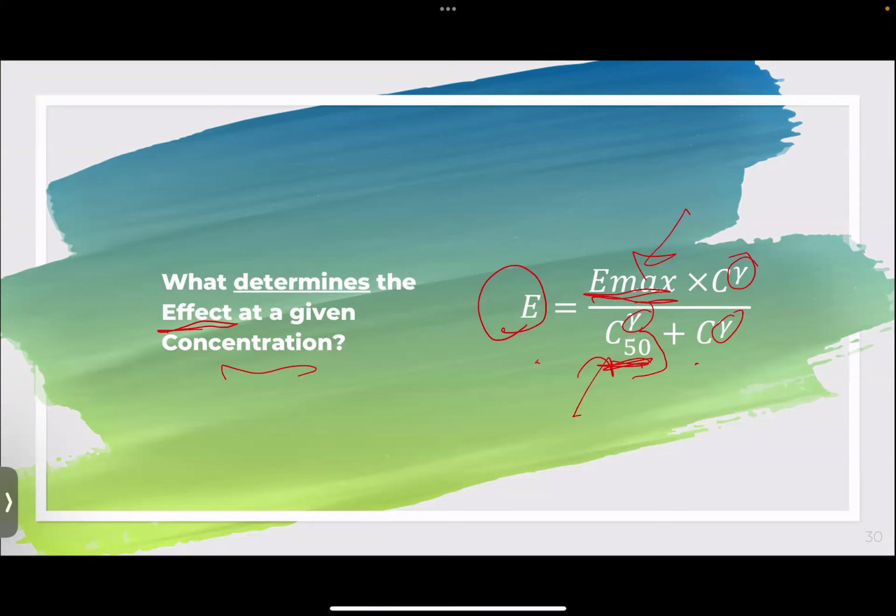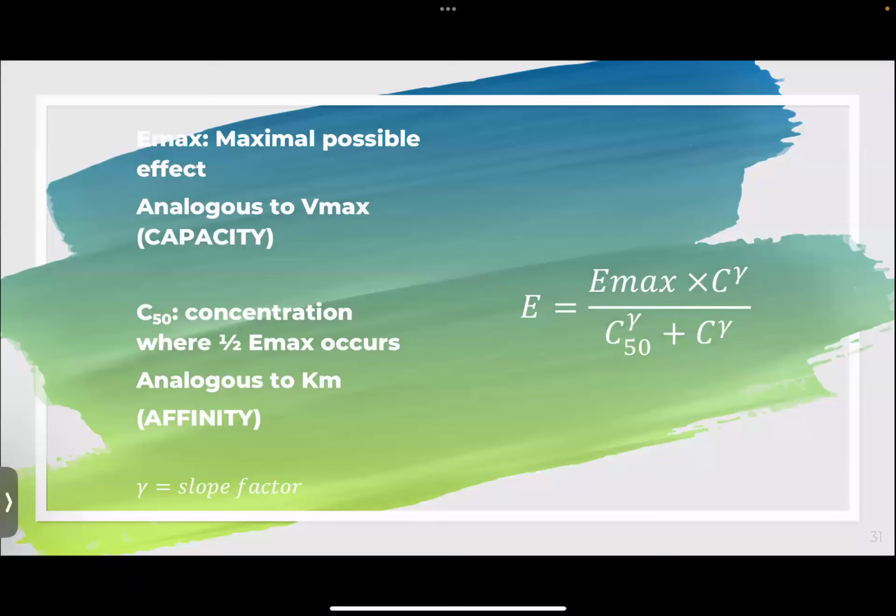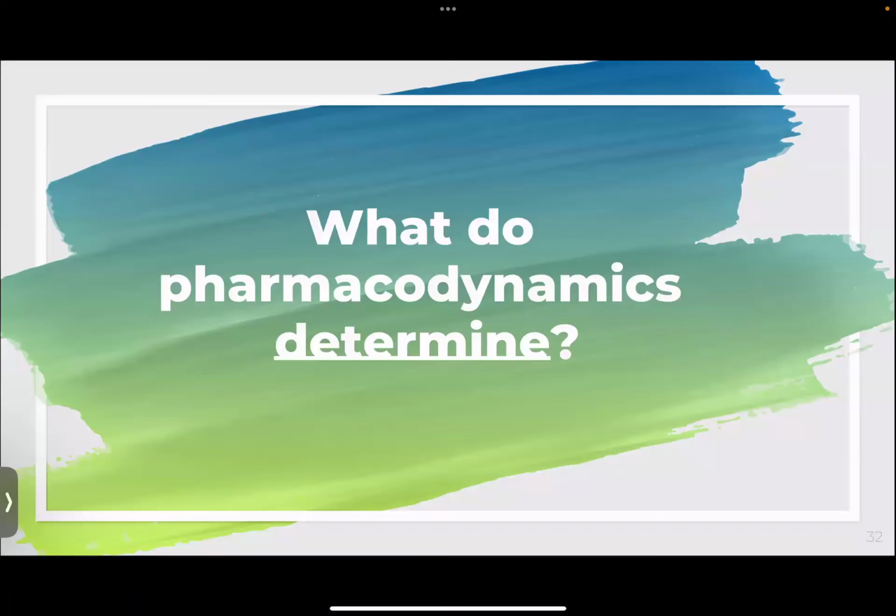The lower the C50, the higher the potency. So potency can be determined by comparing C50s. Does that make sense to you? The lower the concentration needed to get to 50%, the more they're attracted to each other and the more potency you're going to see in that drug, right? All right, I think we covered all that.